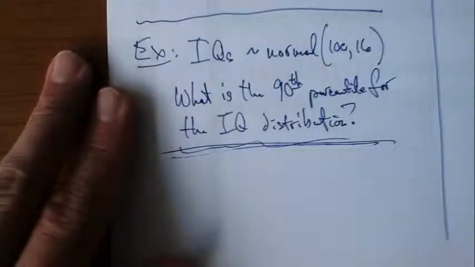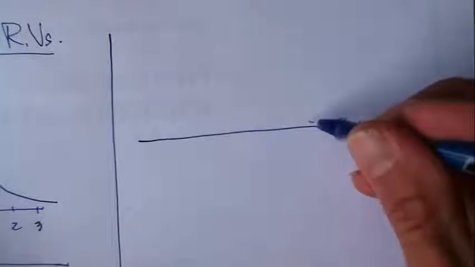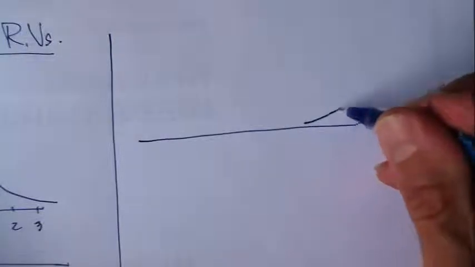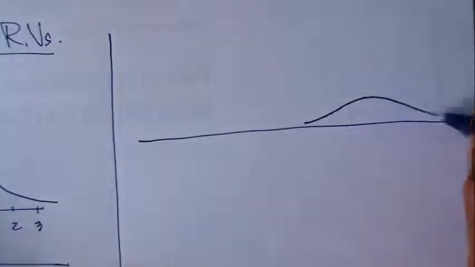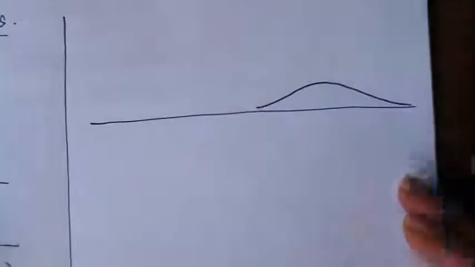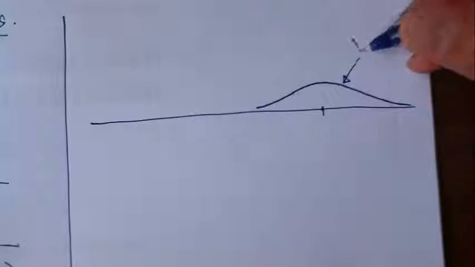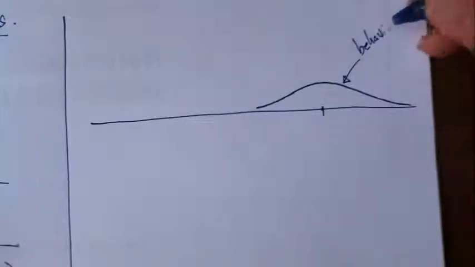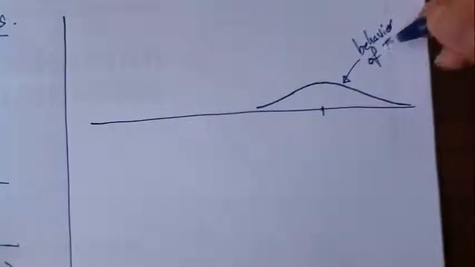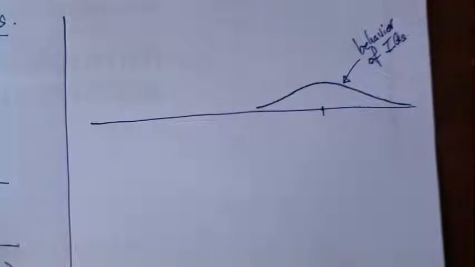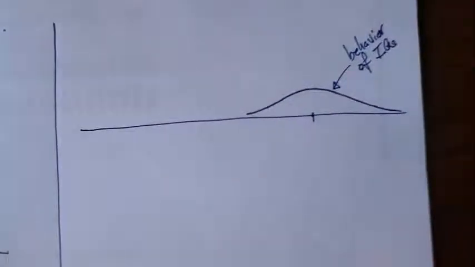In fact, let me move over here and we'll draw a picture. So my IQ distribution maybe is like over here. This is my actual IQ distribution. I could say this is the behavior of IQs. They would sort of pile up in a nice mound shape like that.